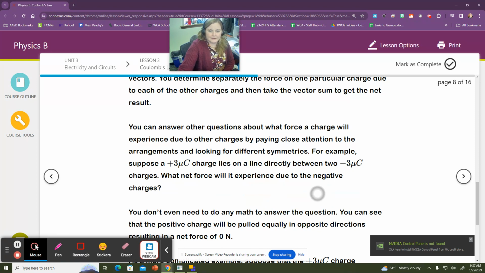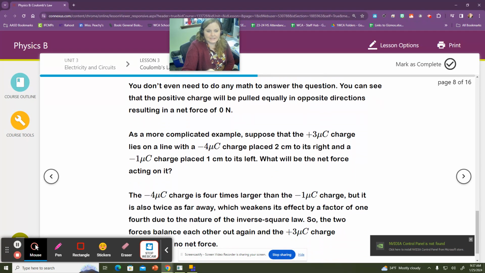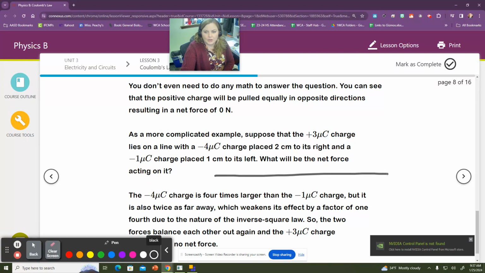And then let's look at this more complicated example. Here you have in the middle a +3 charge. Then to the right, 2 centimeters away is a -4 charge. And 1 centimeter away to the left is a -1 charge.